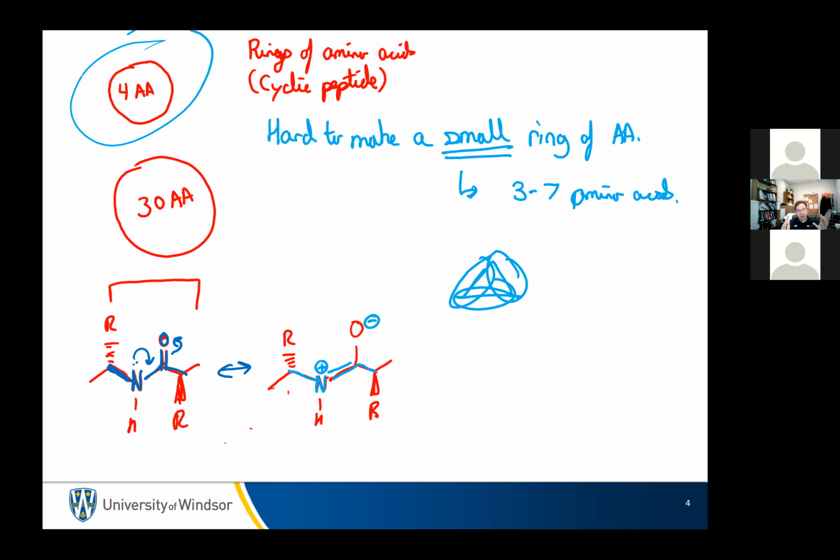So the smaller the ring, the more defined the form. And if I want to make a drug, or I want to make something that has a defined shape to do catalysis or do something very specific, shape is function. Like if something has a function, because of its shape.